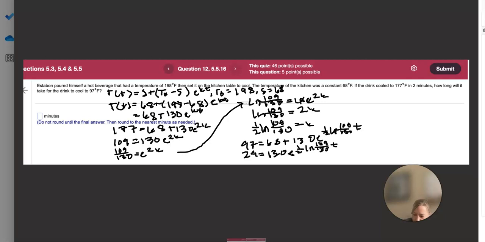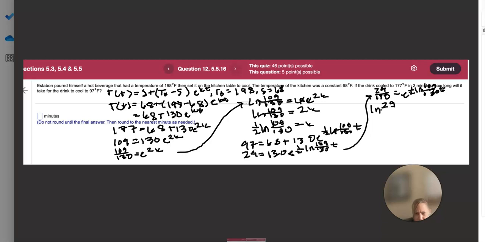Divide by 130 on both sides. That leaves us with 29 over 130 equals e to the 1 half ln of 109 over 130 t. We're going to do what we did earlier and take the natural log of both sides.